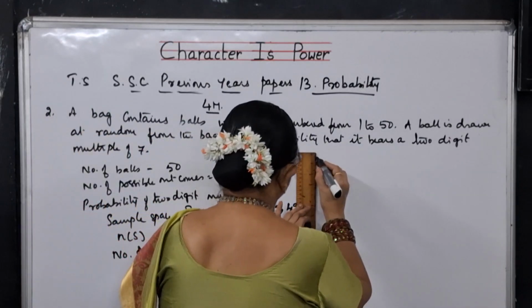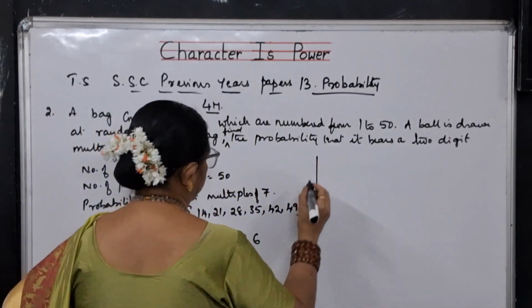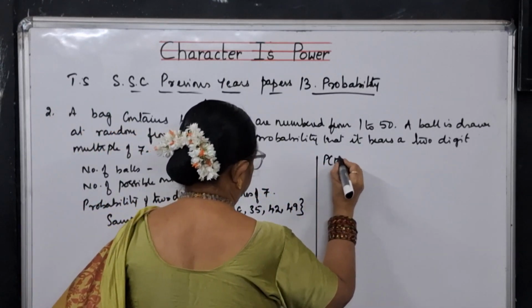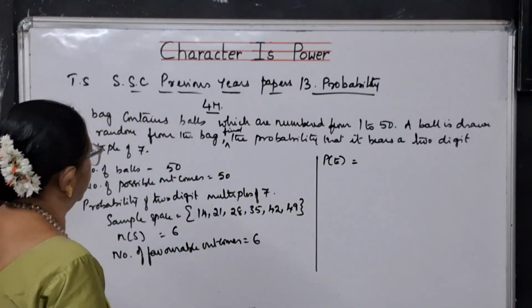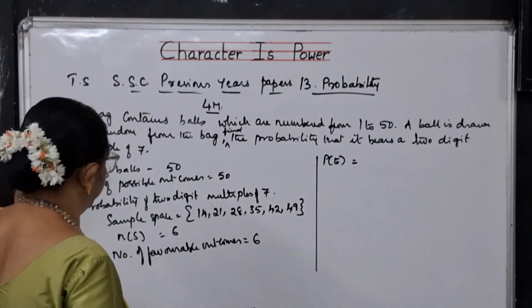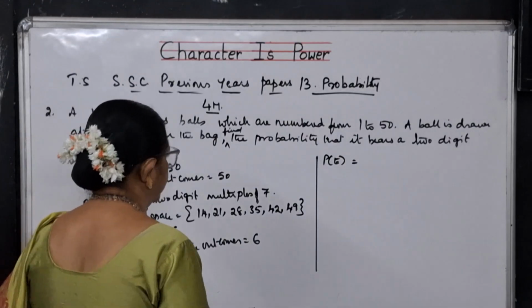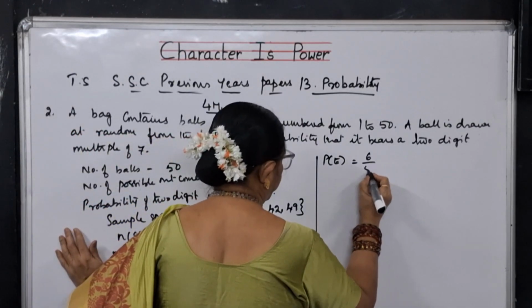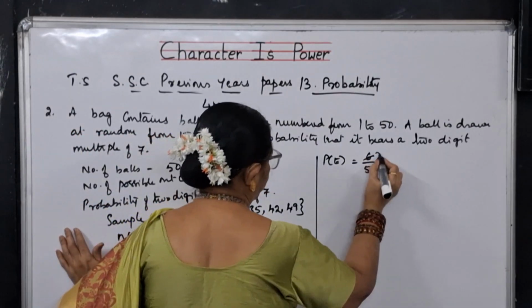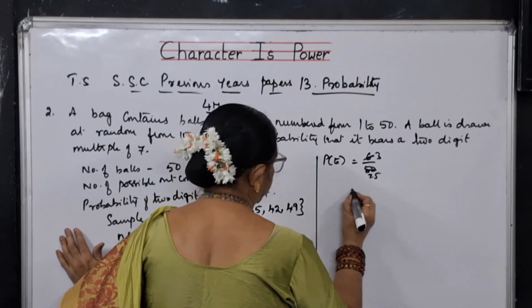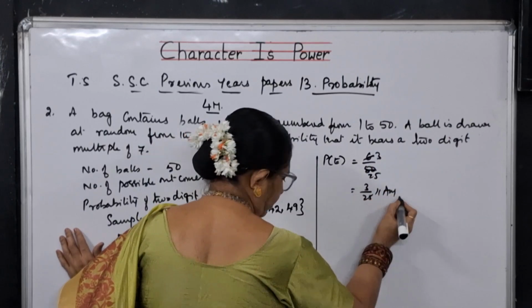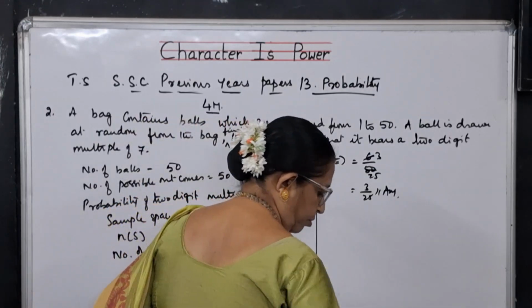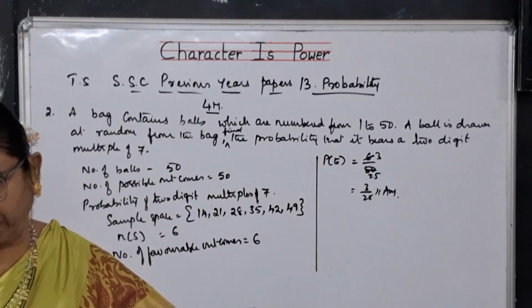You want P of E, that is two-digit multiples of 7. So P of E is 6 by 50. 2 threes are 6, 2 twenty-fives are 50. So 3 by 25 is the answer. Please copy it, children.